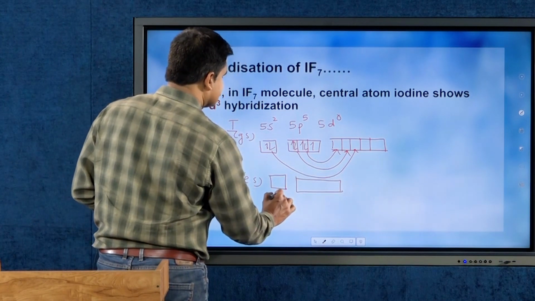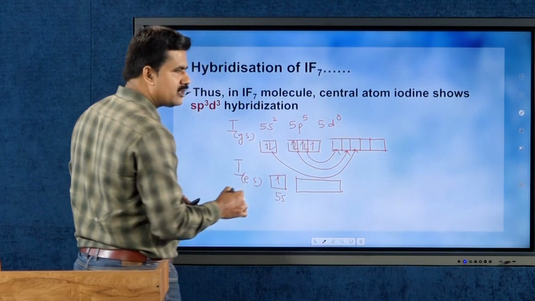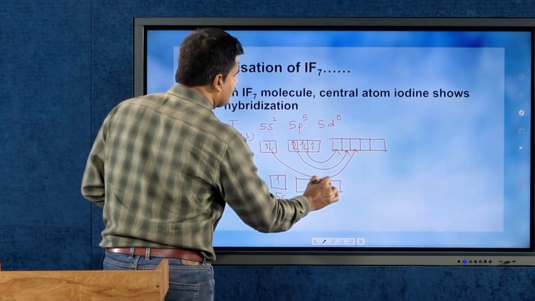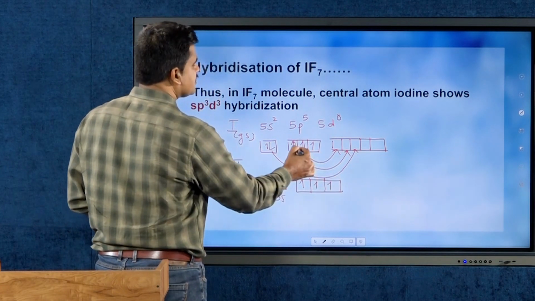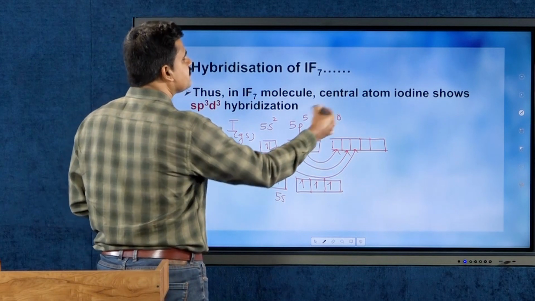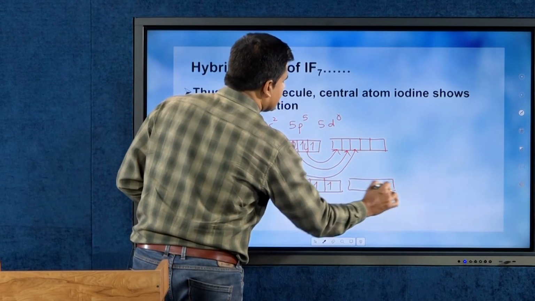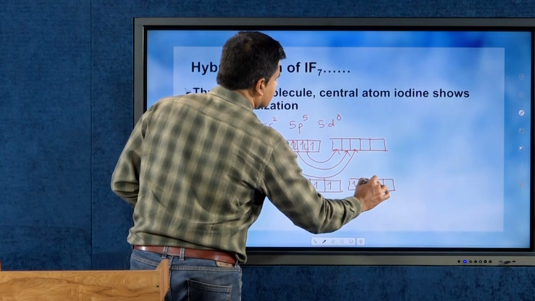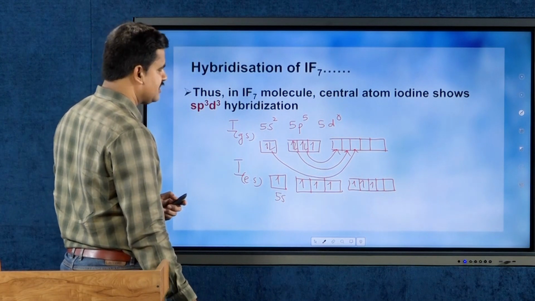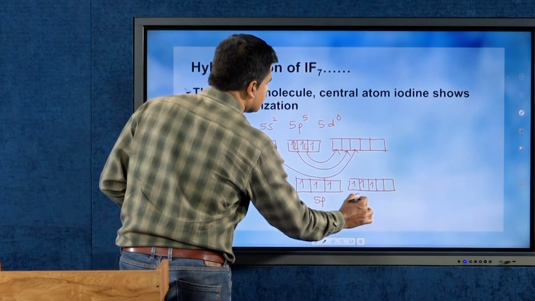5s, this is the 5s orbital with 1 electron, because the other electron is already promoted to the 5d. So this is the 5p orbitals arrangement, 5p 1, 2 and 3. This is because these 2 electrons which were already paired are excited to the 5d. And now in 5d orbitals there are 3 unpaired electrons, 1, 2, 3. So this is 5s, this is 5p and this is 5d.